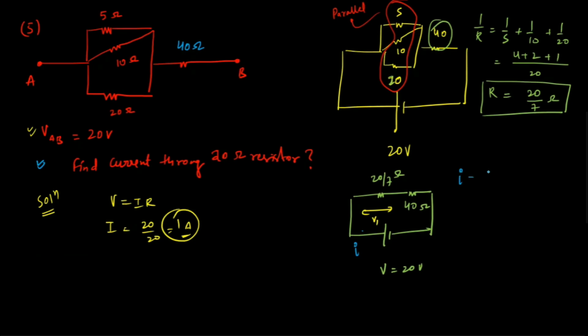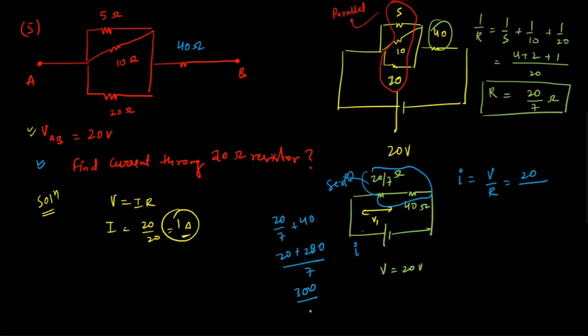So I is going to be V by R from Ohm's law. That is going to be 20 over R net. As these two are in series, R net is going to be 20 over 7 plus 40, which is 20 plus 280 over 7, so 300 over 7.